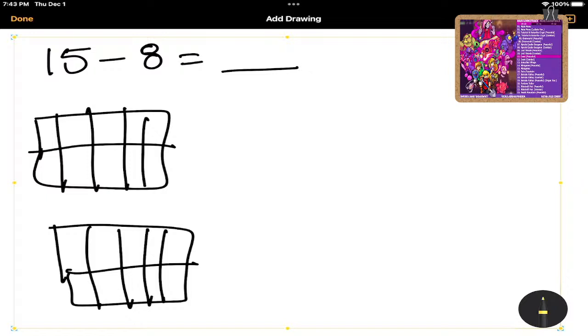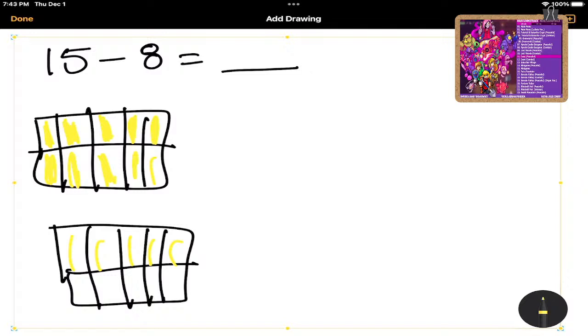So the first thing we're going to do is put 15 into the 10 frames. 1, 2, 3, 4, 5, 6, 7, 8, 9, 10, 11, 12, 13, 14, 15. Okay.